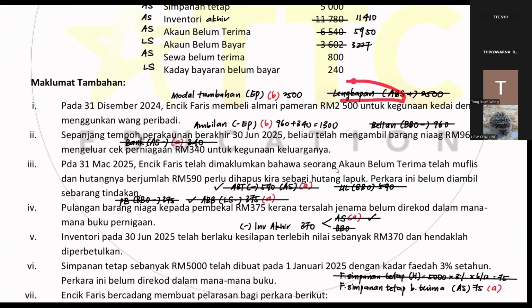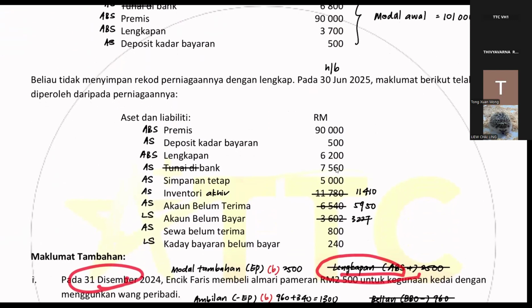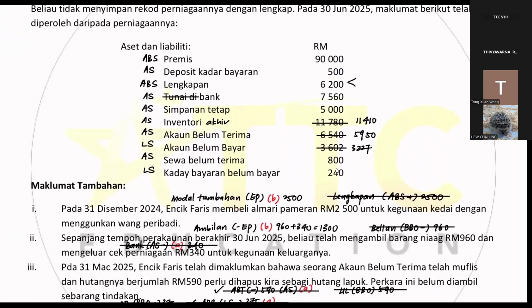And this new lengkapan, we got on 31st December. But this year started the 1st July. Then you need to be careful. That means lengkapan 6,200 here. There are 2 portions. We got 1 portion for the new edition since 31st December, 2,500.